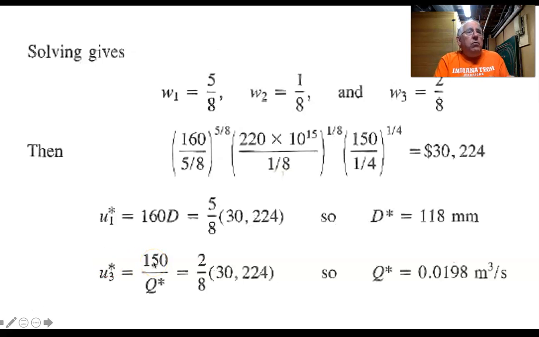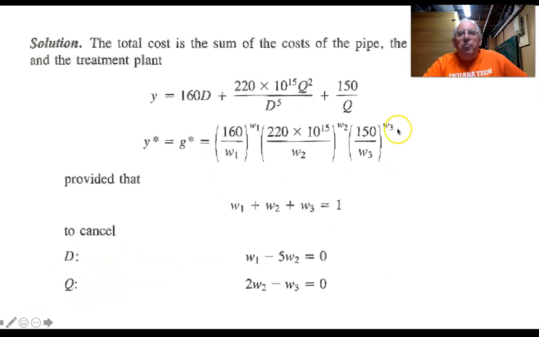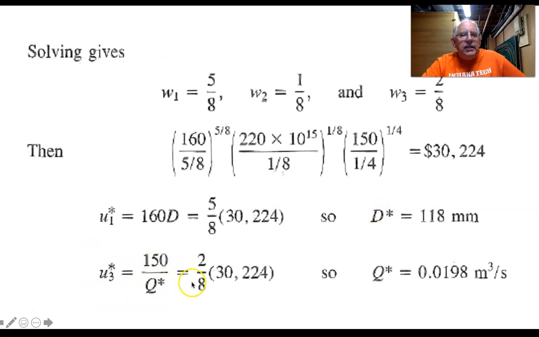We then look at whichever is the simplest to solve, and we see that the third term, which is only a function of Q, is the next easiest to solve. And we know that that is 2/8 of the objective function. And so 2/8 times the objective function can be back solved for the value of Q, and the value of Q star then is this flow rate. And so we can stop at that point.